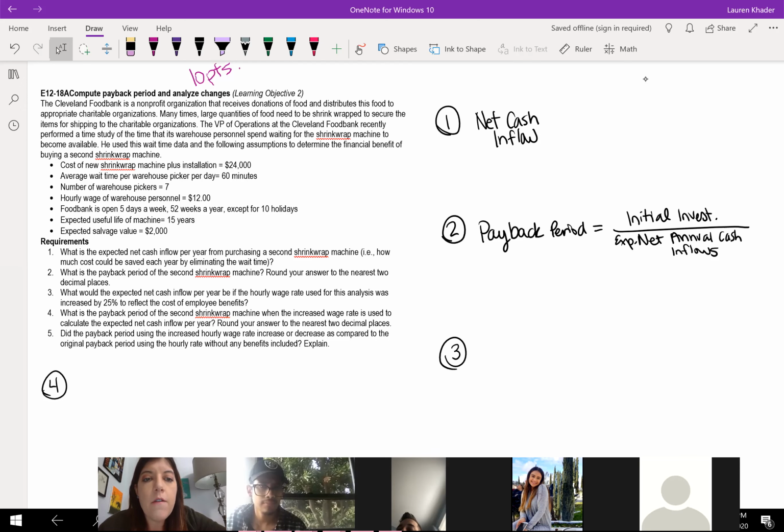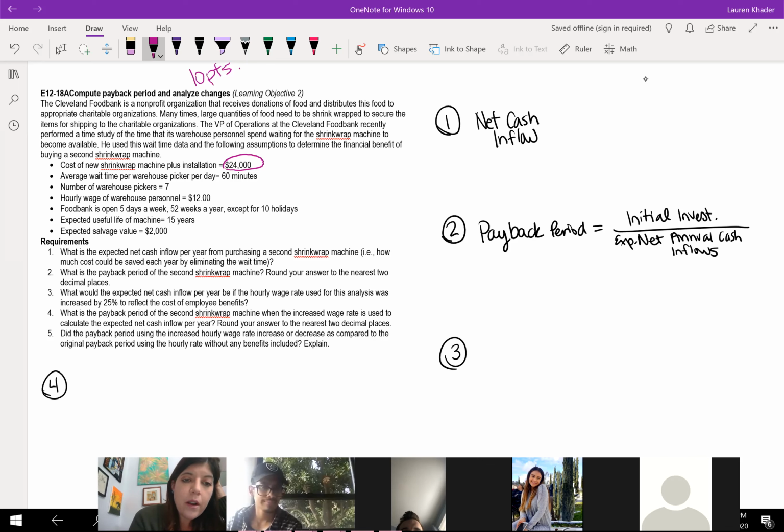The VP of operations at Cleveland recently performed a time study of the time that his warehouse personnel spend waiting for the shrink wrap machine to become available. He used this wait time data and the following assumptions to determine the financial benefit of buying a second shrink wrap machine. Cost of the new shrink wrap machine plus installation is $24,000, so that's going to be relevant.